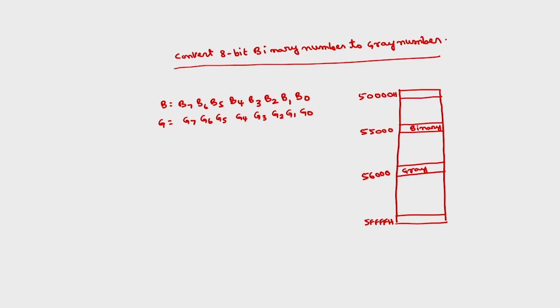You might have studied in your digital logic, G7 is equal to B7 and G6 can be obtained by exclusive ORing B7 and B6.